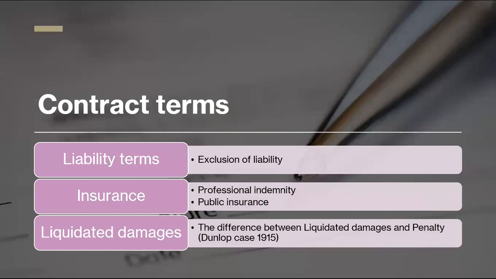Another topic in this chapter 3 is contract terms, and we only care about some very notable terms in the contract, like liability, indemnity, insurance, or liquidated damage and penalty. I only list three types of terms here because they are very relevant to the exam.